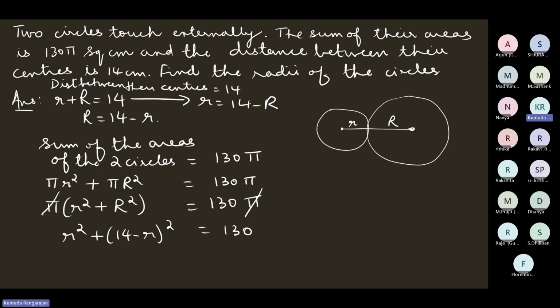Take down the question, draw the diagram. Ma'am, I'm getting 3 and 11, ma'am. 3 and 11, okay. So now both are positive, so you have to go with both. If the radius of one circle is 3, then the other one is 11. If the first one is 11, the second one is 3.